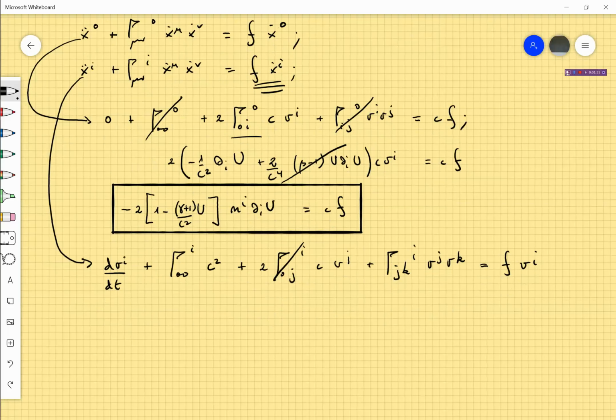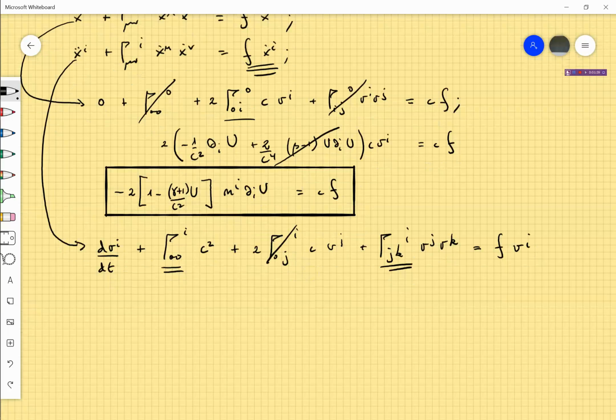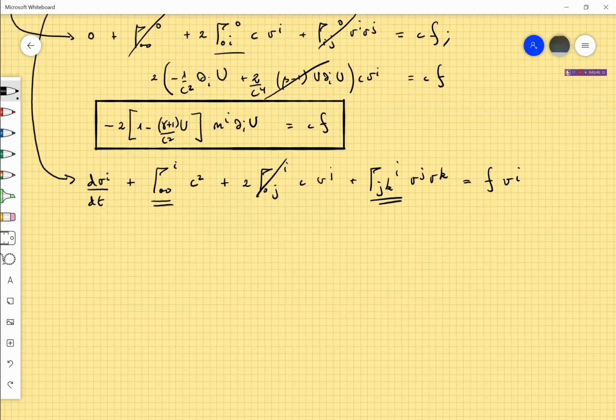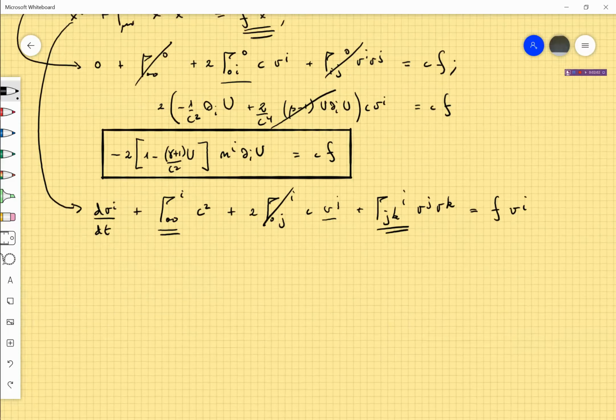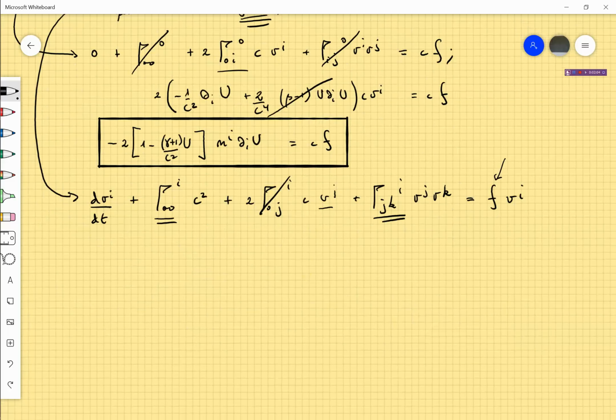Now we just have to substitute the expressions that we obtained for these components of the connection, and this I am not going to do. It's just a trivial, but more or less long calculation, and the only thing that you have to do all the time is to replace v^i by this expression, which is this factor times N^i, and in the end replace f by this expression here.